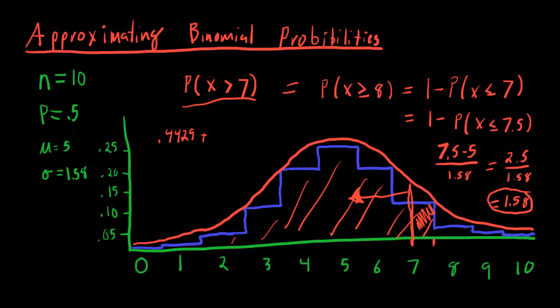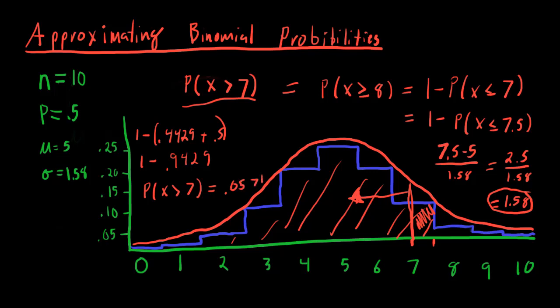Plus our 0.5, because our normal probability table just goes from the mean up, so plus 0.5. And then we have 1 minus that value. So we have 1 minus 0.9429.